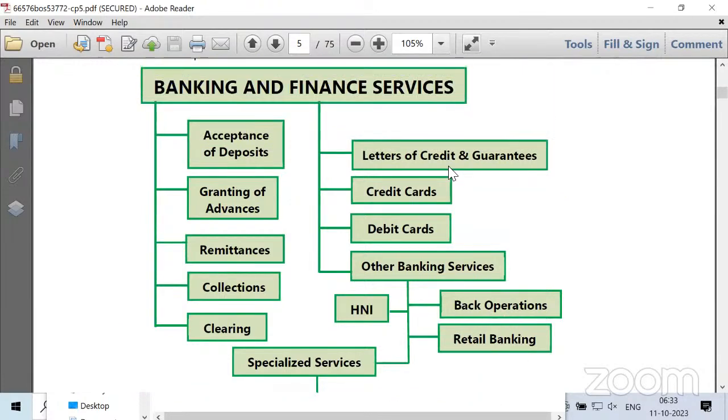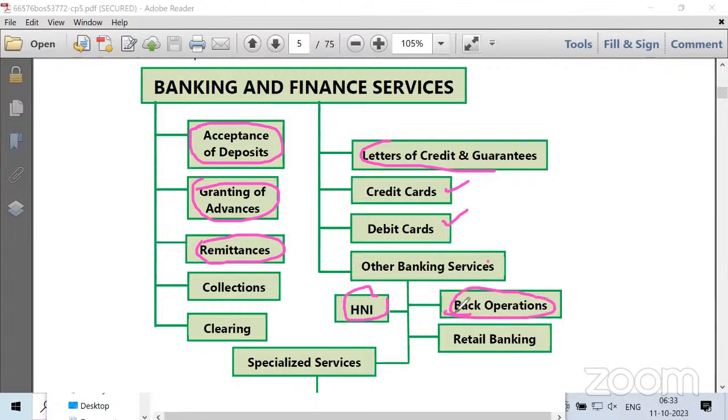Now, if you take the module, it will be created as an acceptance of deposit module, and granting of advances module, remittances module. So each module will perform its operations. So collections module, clearing module. Similarly, this side, letter of credit module, credit card module, debit card module, other banking services, HNI module, back operations.